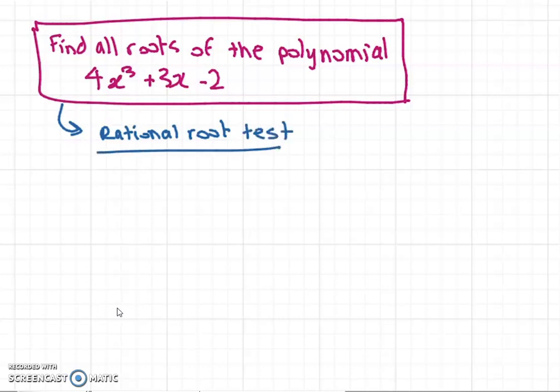And the rational root test only works when the polynomial has integer coefficients. We can see this polynomial has integer coefficients, so we can apply the rational root test.